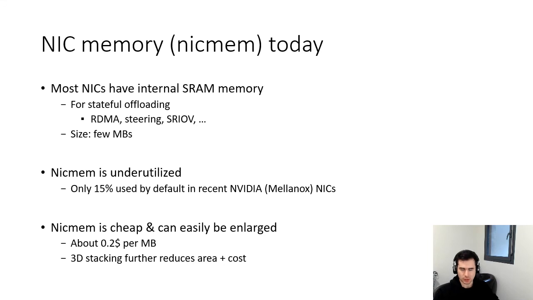By the way, NVIDIA purchased Mellanox recently, so these are Mellanox NICs. And finally, Nicmem is cheap. It's only about 20 cents per megabyte, and 3D stacking technology can further reduce the area and cost consumed by NIC memory, making this technology more feasible as we move forward.